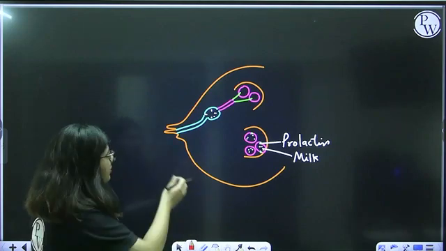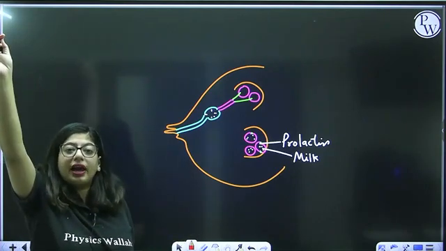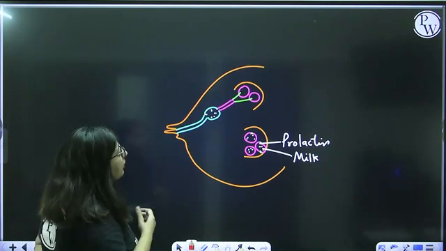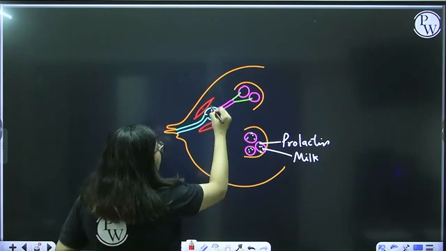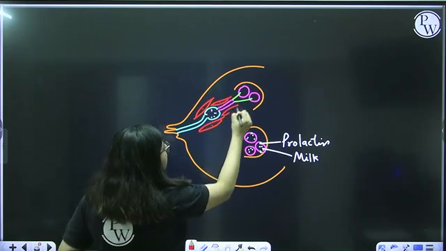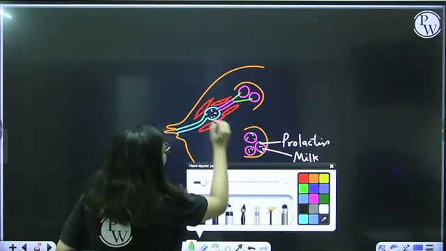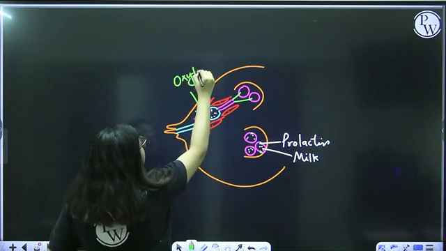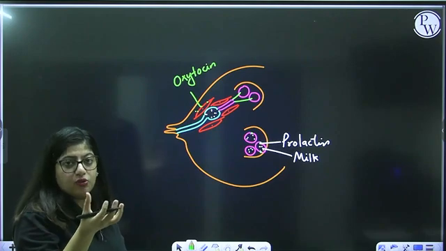When the baby sucks the nipple of the mother, this will stimulate the mother's pituitary gland, and the mother's pituitary gland will secrete oxytocin, right? Another thing, there are certain muscles present here. These muscles will also receive the hormone oxytocin. Oxytocin's function is muscle contraction.